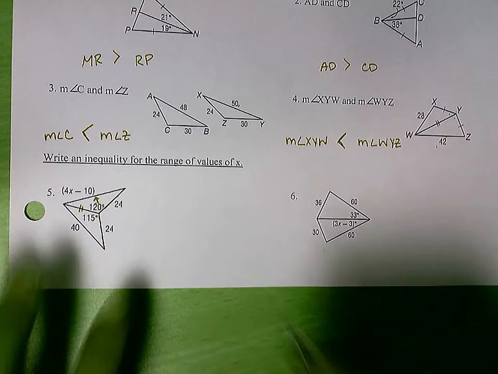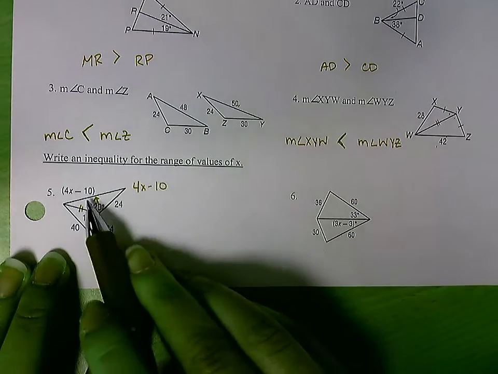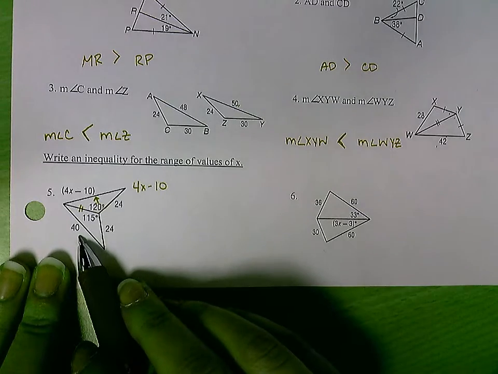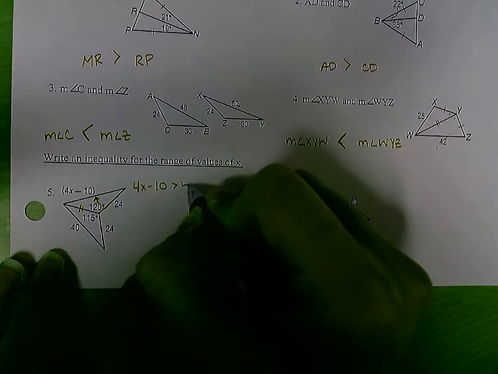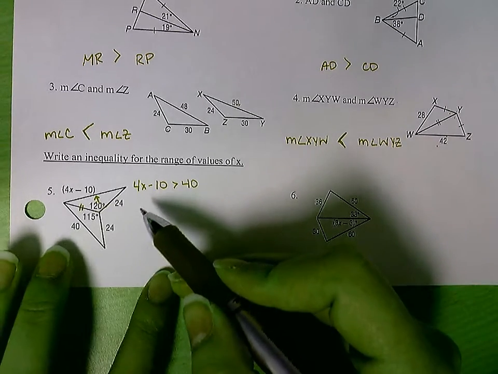Okay, so comparing my sides here, I could say that side of 4x minus 10 must be greater than the side that we're comparing to, which is 40. Okay? From here, I'm just going to solve for x.